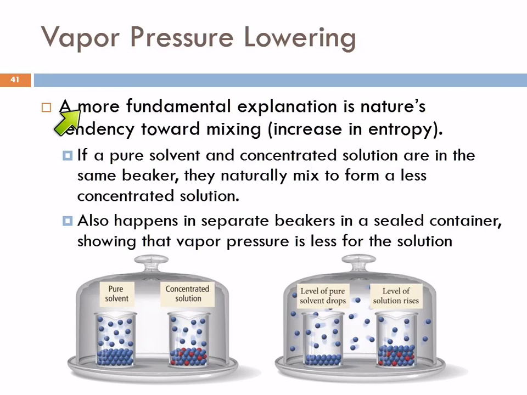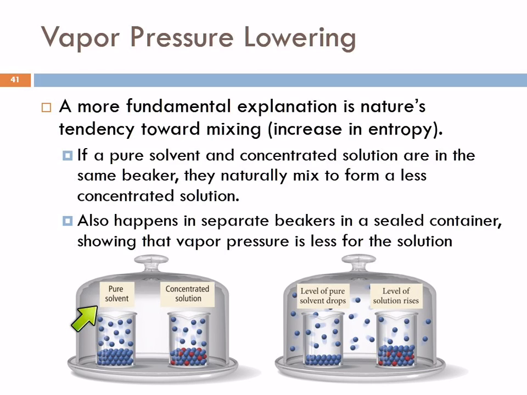This actually has to do with entropy, nature's tendency toward mixing. So here we have a pure solvent, here we have a concentrated solution. Nature's tendency towards mixing and spreading out energy is going to cause the solvent to move from one beaker to the other. And it's not magic or anything.